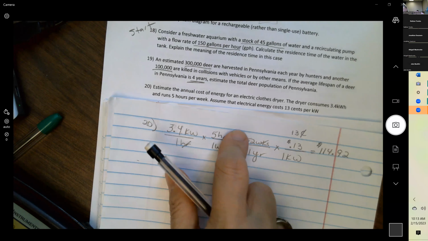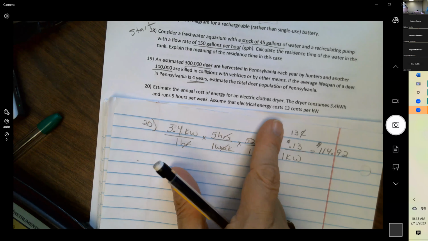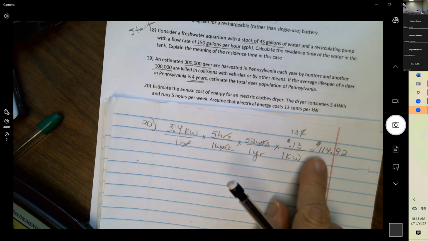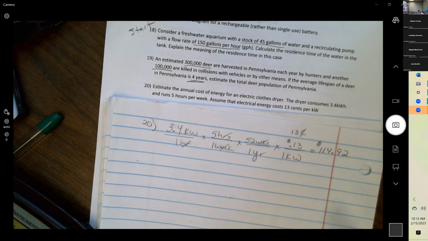So the electric clothes dryer costs approximately $115 per year. Now it's up to you. You can leave it in cents. You can round it to dollars. If I didn't specify, it's up to you. Any questions on that? Okay.